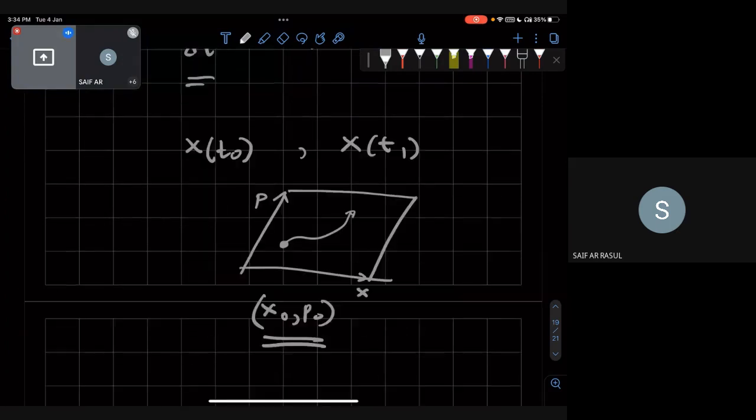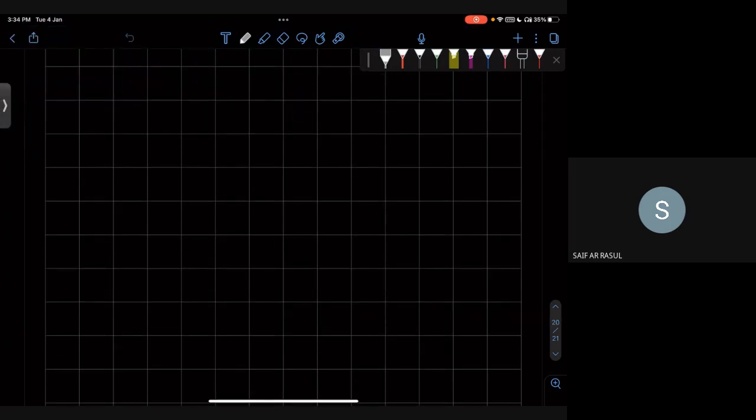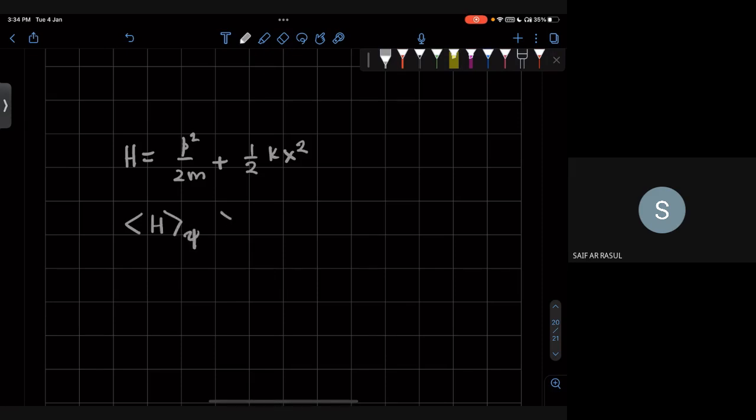So let's just carry on here. We were discussing the harmonic oscillator, and we wrote down the Hamiltonian, which was p squared by 2m plus half kx squared. And we showed that the expectation value of H is greater or equal to 0.